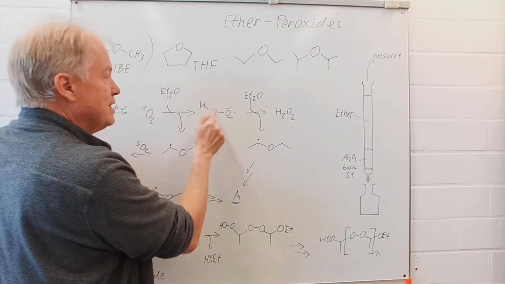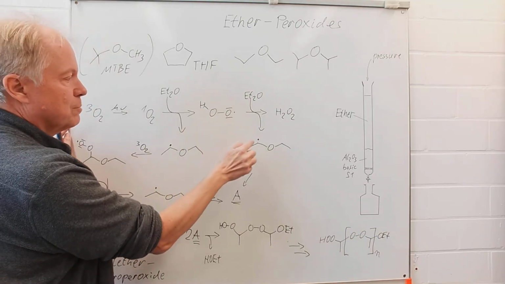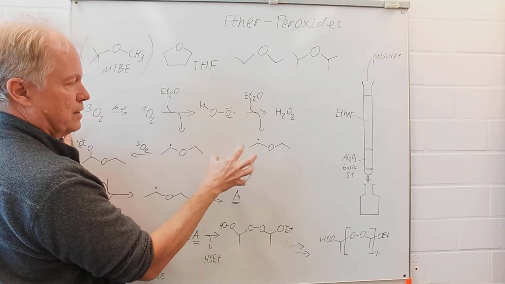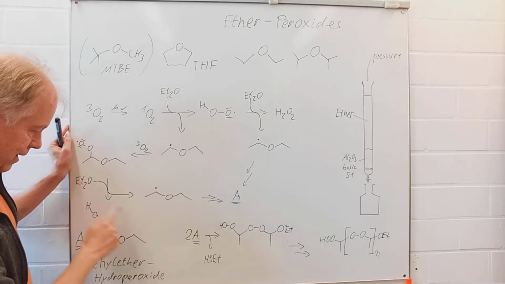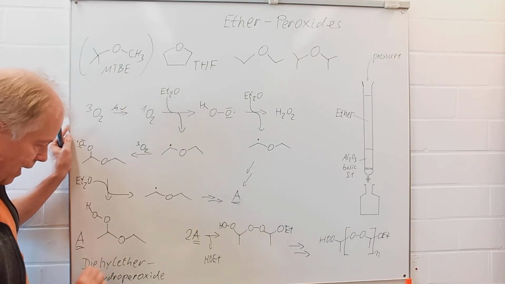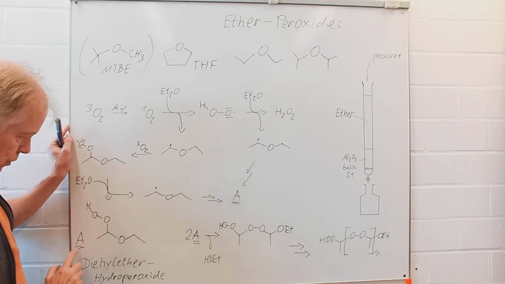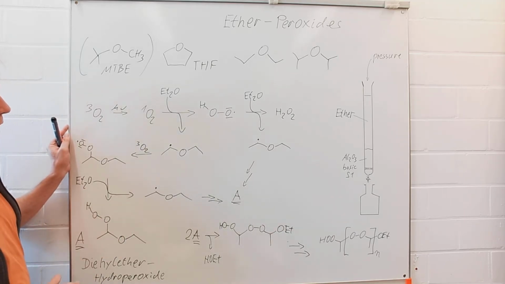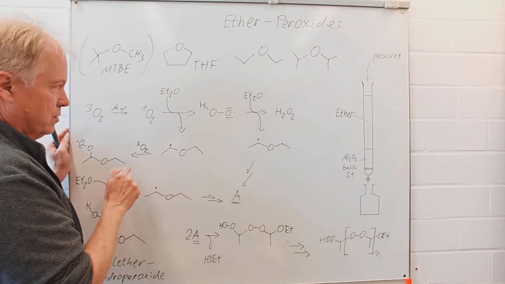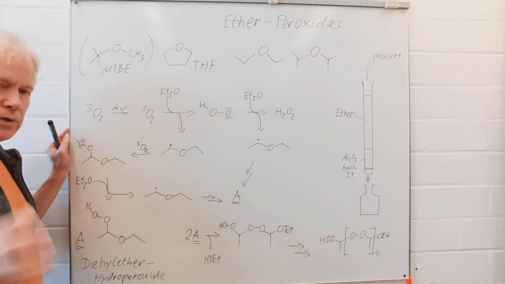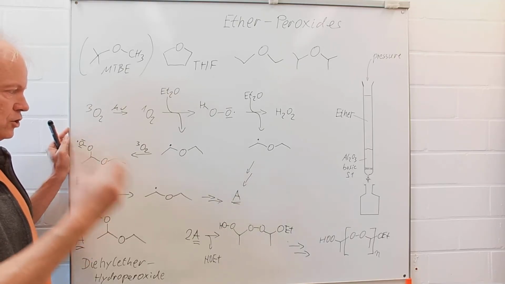A recombination might take place between this radical and that radical, forming already diethyl ether hydroperoxide. This molecule we will call molecule A, but it can also initiate a radical chain process.